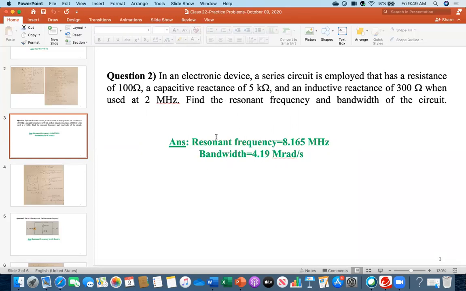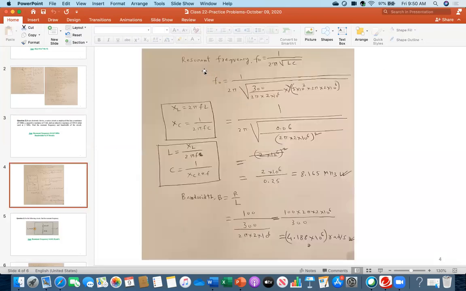So for those who are trying, first I have written down the resonant frequency equation, F naught equals 1 over 2 pi root over LC. Why did I do that? Because I want to express it in frequency, hertz.